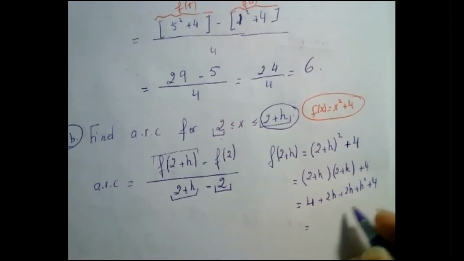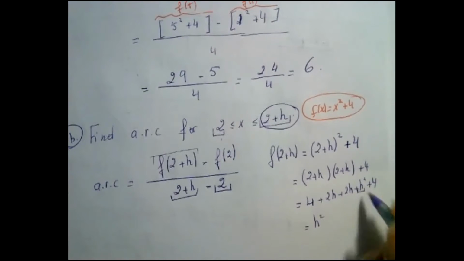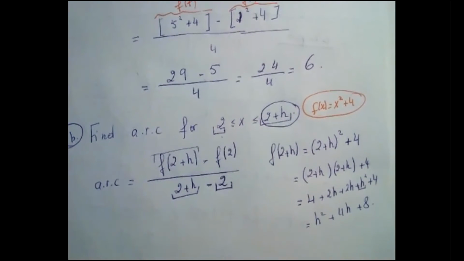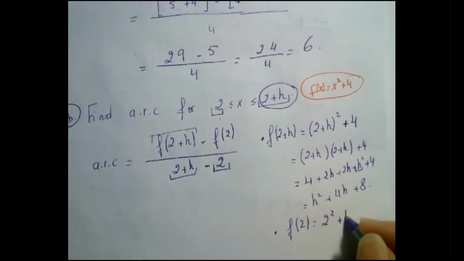And this would give me h squared plus 4h plus 8. Okay, that's f of 2 plus h. f of 2, I'm doing them on the side to make sure we know how to do them. f of 2 is 2 squared plus 4, which gives me 8.